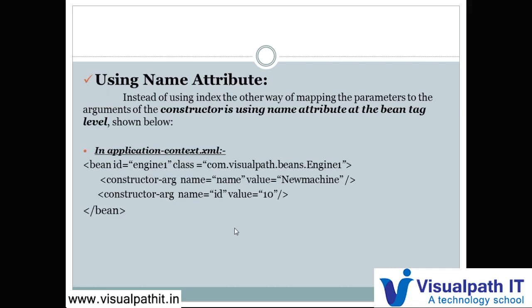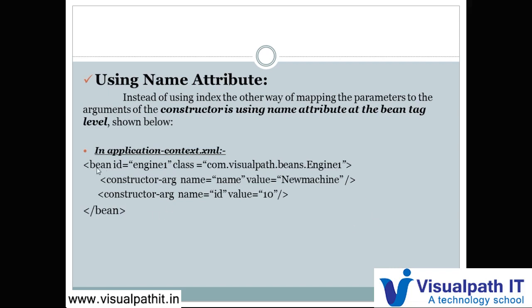Next comes the name attribute. Instead of having the type or the index attribute, we also have another option, the name attribute. How is this done? We use the name attribute at the bean tag level.